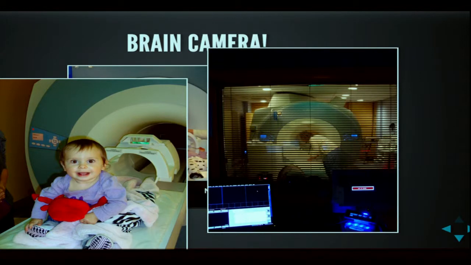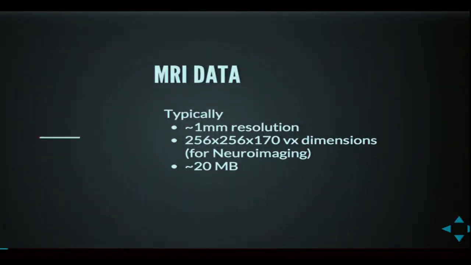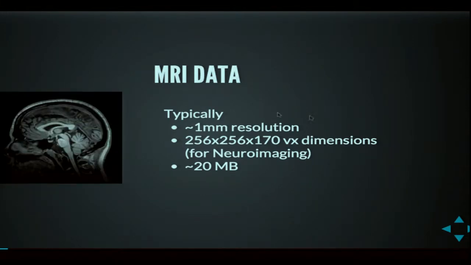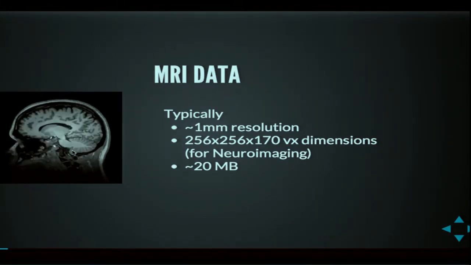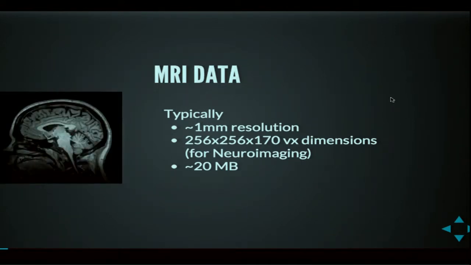And yeah, so the typical data which comes out of a scanner, MR scanner in this case, is like this volume, and there are the slices. You can go through the slices. You can zoom in, and it's typically 1 millimeter resolution and 256 by 256 by 170 voxels in dimensions, and 20 megabytes in size when it comes to neuroimaging.